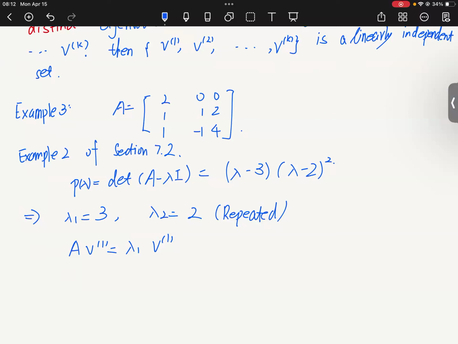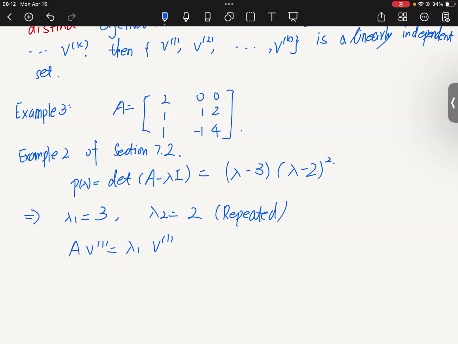If you substitute the 2 into A V2 equals lambda 2 V2, because this one is repeated, you might expect to get 2 eigenvectors for that lambda 2 dimension. But not really. You just get 1 eigenvector for the lambda 2.